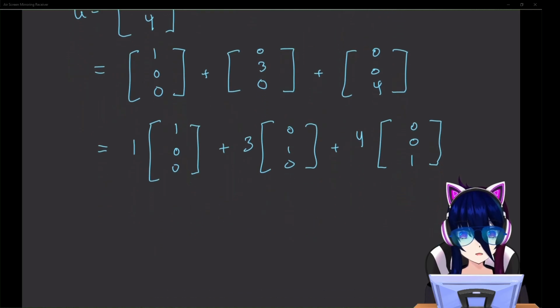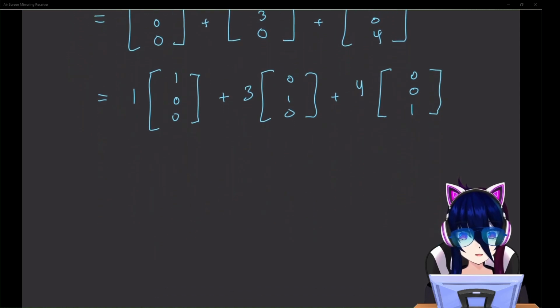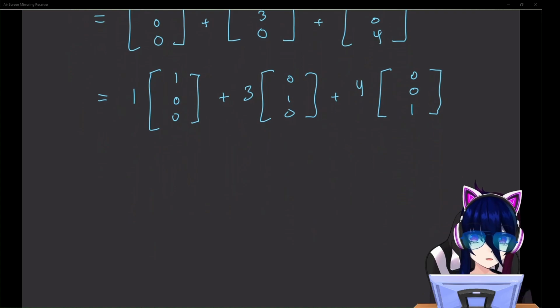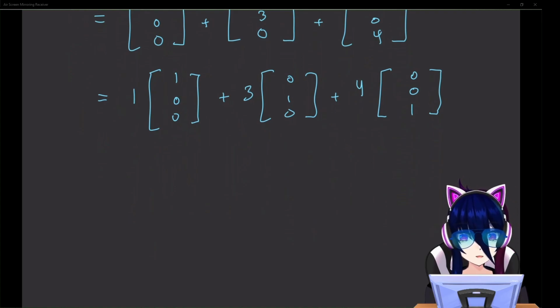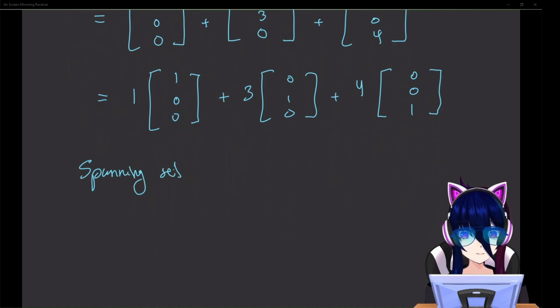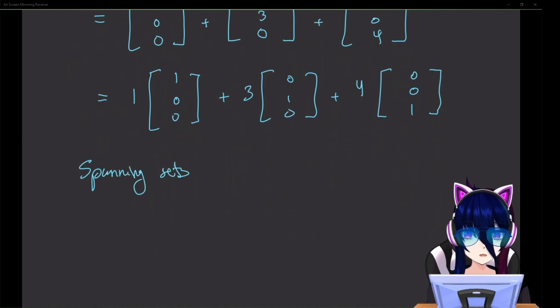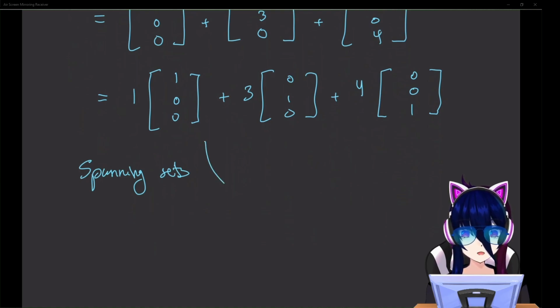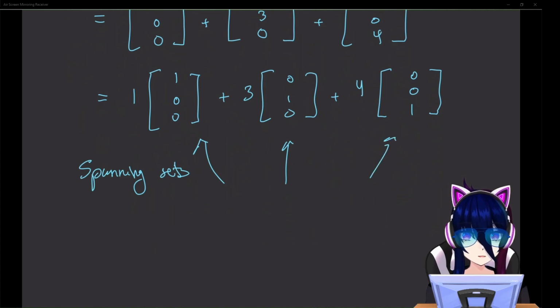And so the key to a basis is to understand two concepts. The first one is spanning sets. Now, if I span something, it means that I can create any vector in the space from anything in this set.